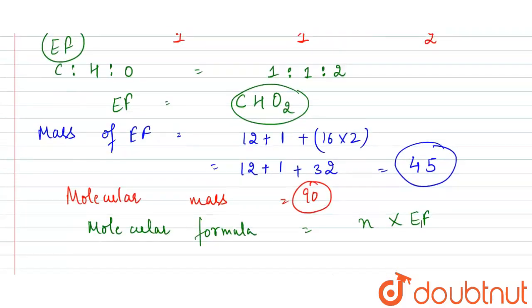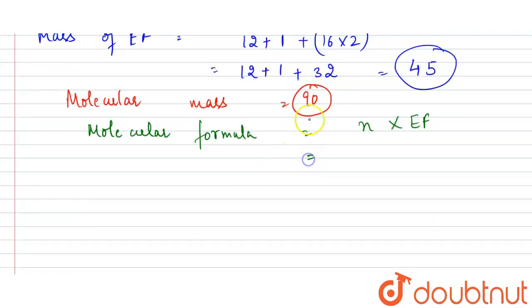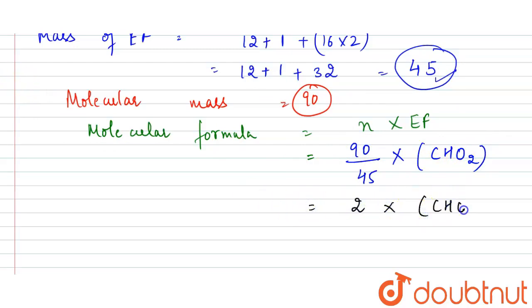Here our molecular mass is 90 upon empirical formula mass, that is 45, and into CHO2, that is our empirical formula. So here we have 2 into CHO2, so it will be C2H2O4.